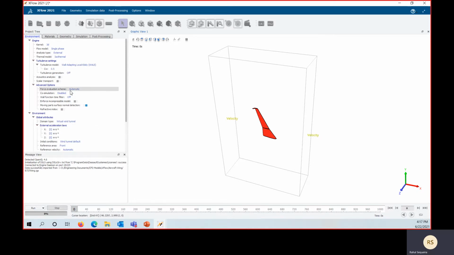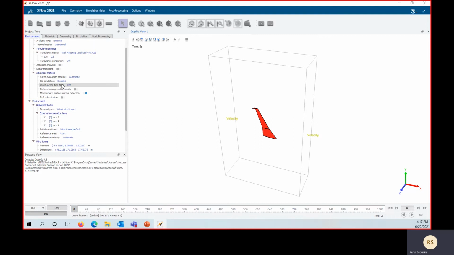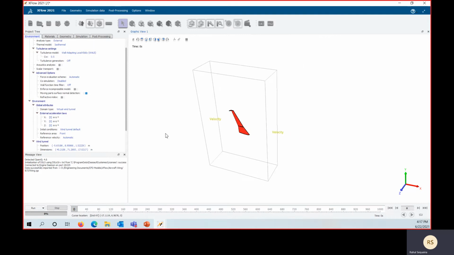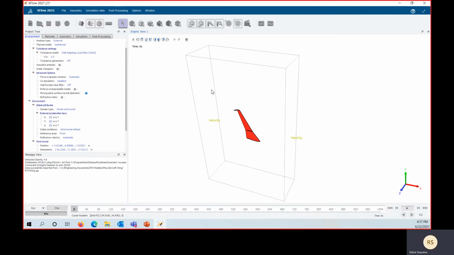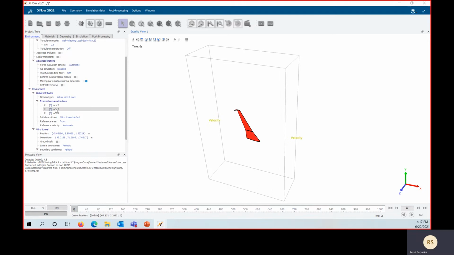And you have other simulations, including co-simulation with Abaqus or with Nastran or even SIMPACK. You can use the wall function time filter, which I'll not be using now. And then you can even add your gravity if you want. So for example, since this is a virtual wind tunnel, you could add a gravity boundary condition if you want.